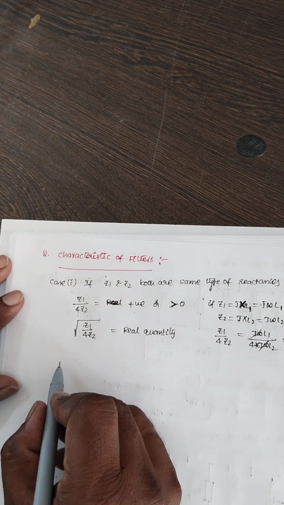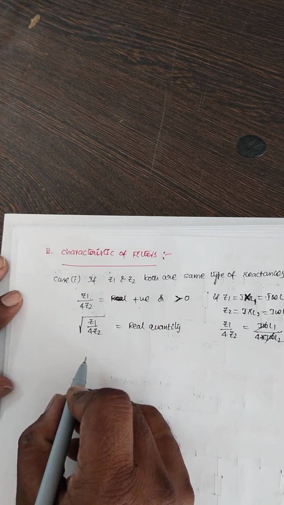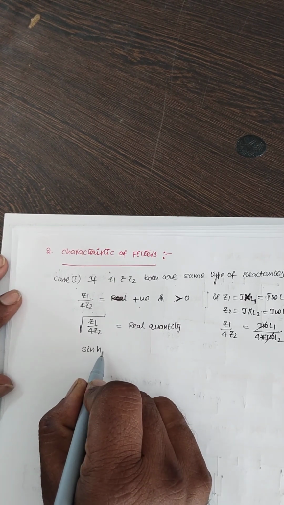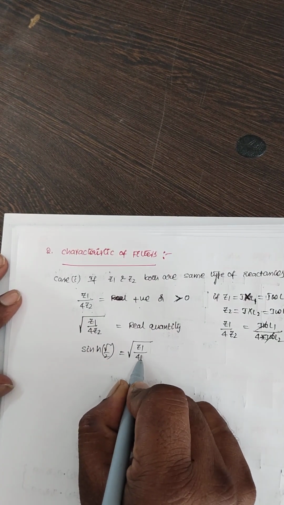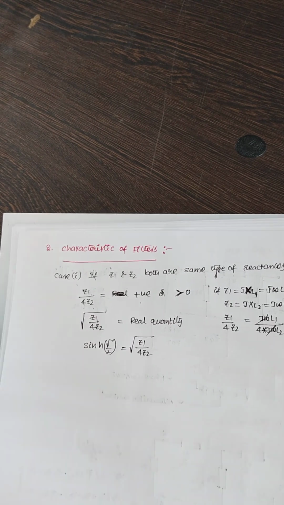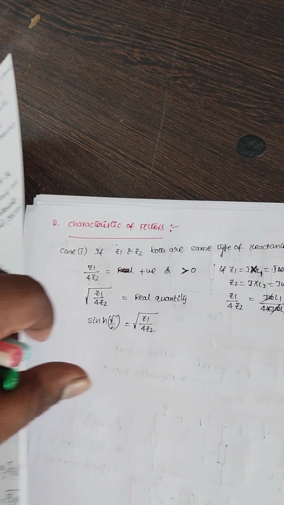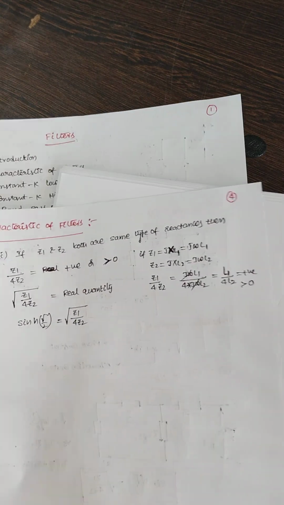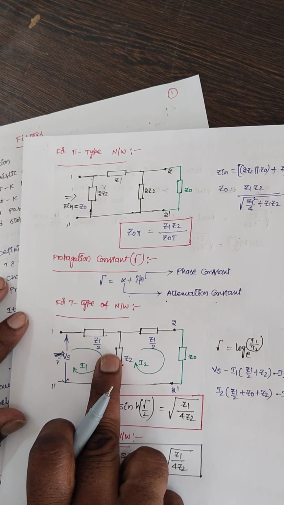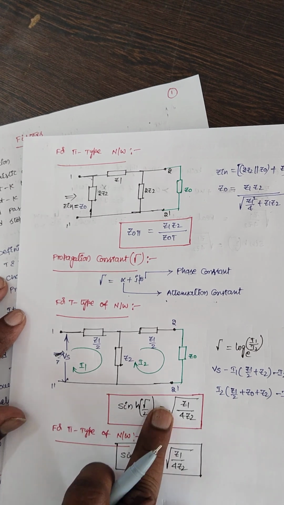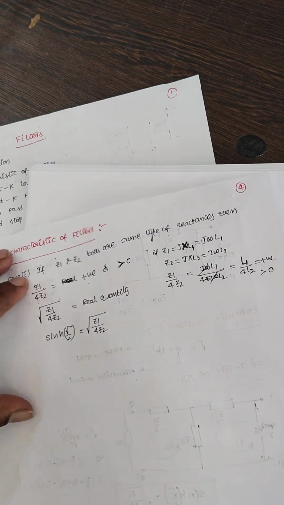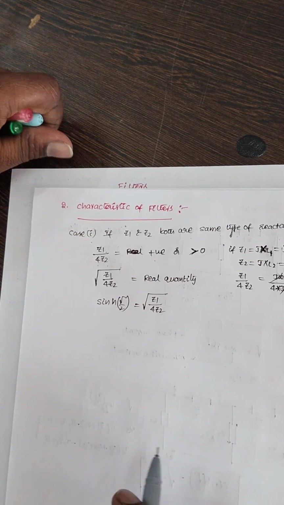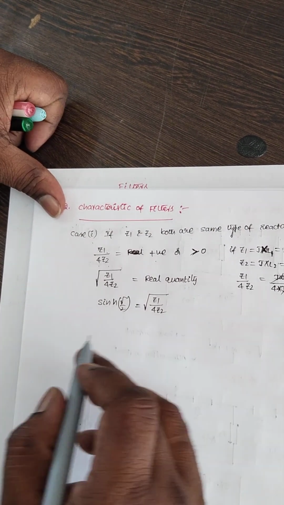Now, just now I wrote the expression, that is sinh gamma by 2 is equal to square root of Z1 by 4 Z2. That may be a T type of network or pi type of network. The result here is sinh gamma by 2 is equal to square root of Z1 by 4 Z2. So now I can expand this expression.